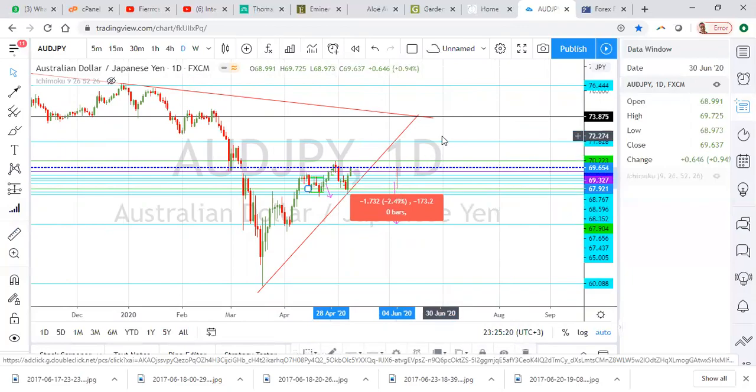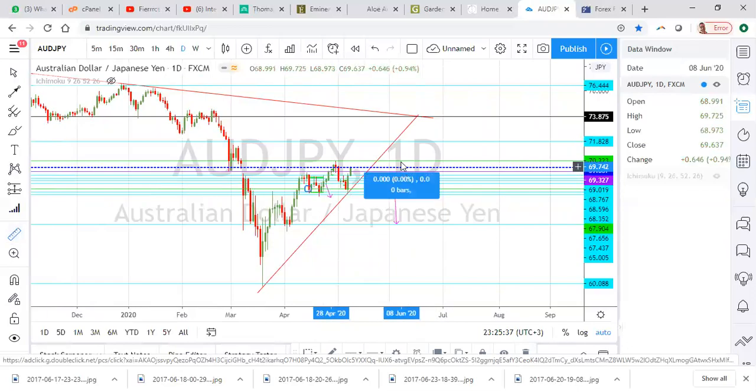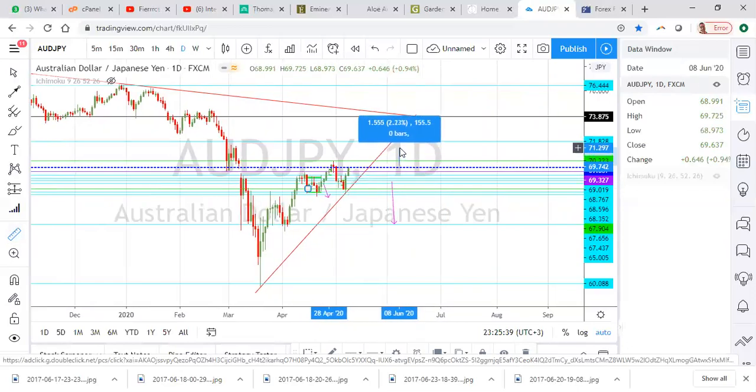So for me right now, this is a bullish engulfing candle. So it's a very strong indication that AUDJPY is on its way up. So I have a stronger bias for a buy, and I'll probably go about 150 pips on AUDJPY.